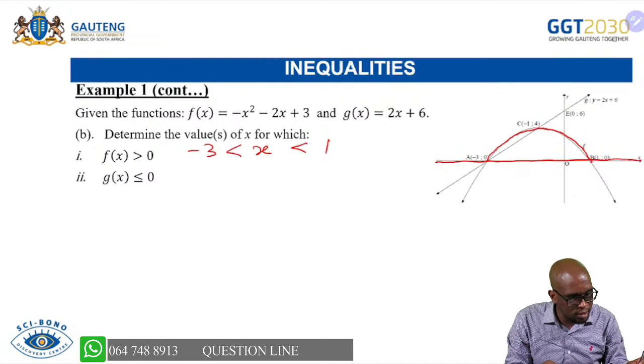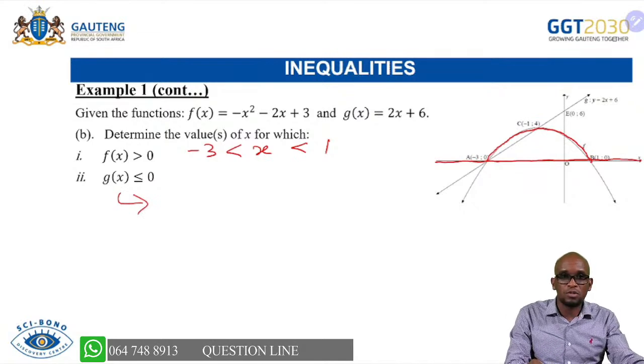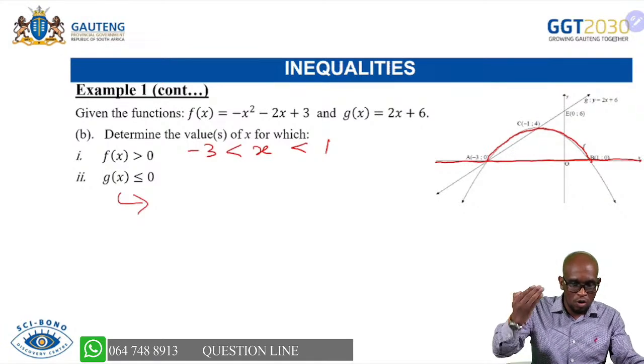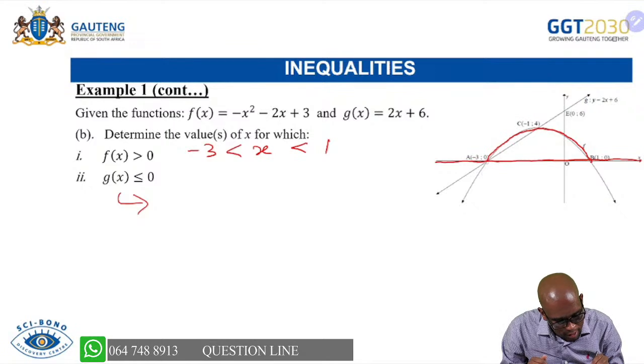Now the last one, we want to find where g of x is less than or equal to 0. So it says here you want the graph of g, the straight line, when it's on the x-axis or below. Now if you check this portion of the graph, you can see that it is below the x-axis.